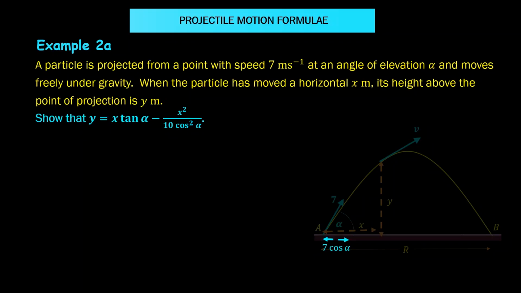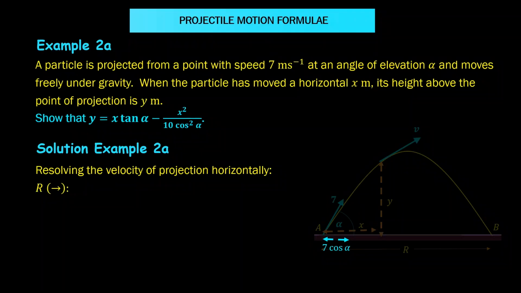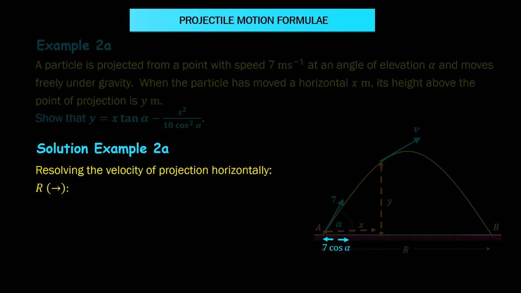Notice that the horizontal component of the initial velocity is 7 cos alpha. So if we resolve horizontally, we can use the formula distance equals speed times time, since there is no acceleration in the horizontal direction.